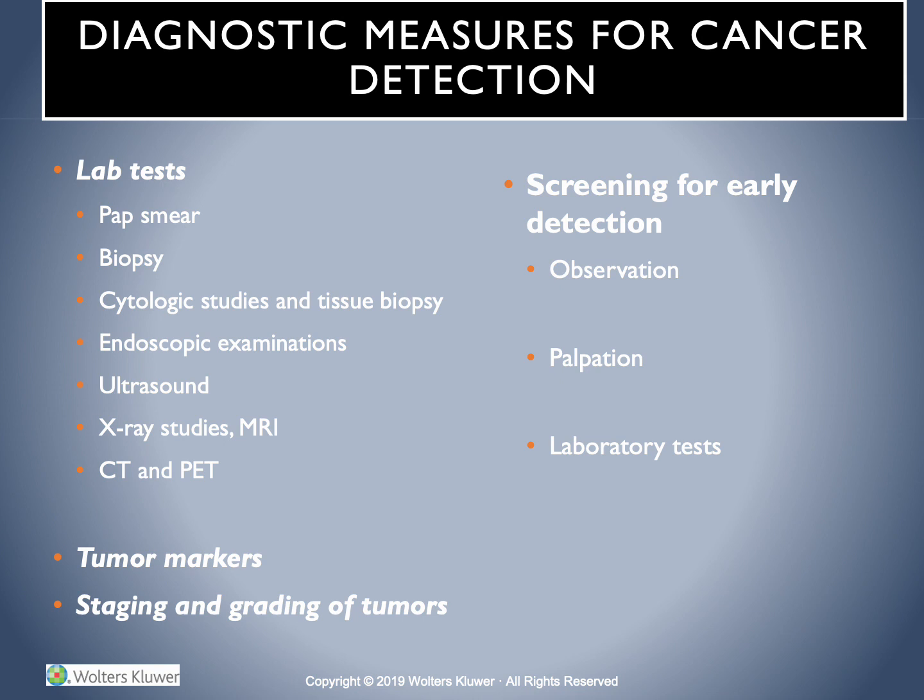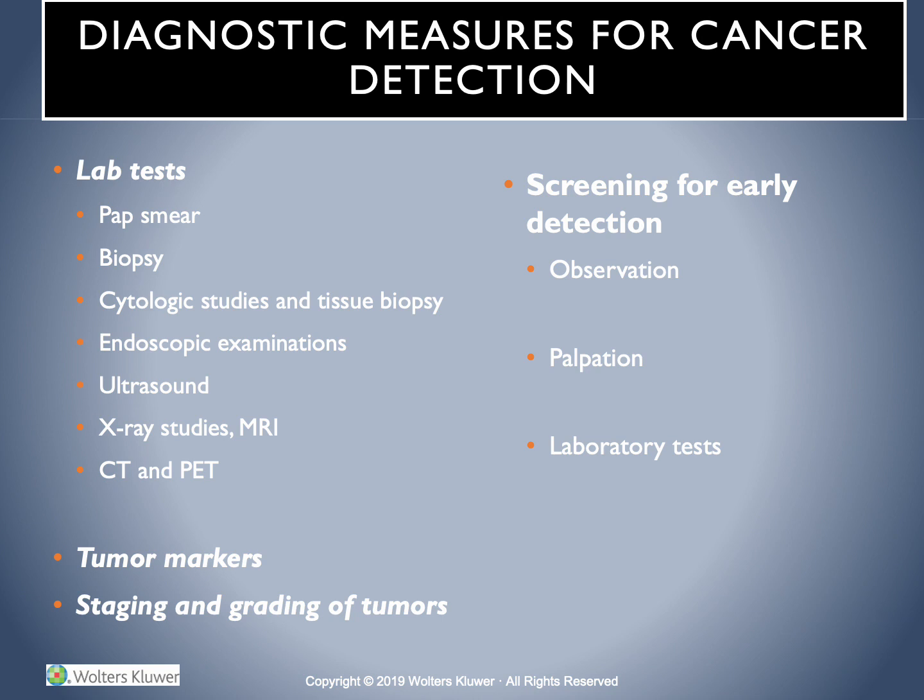These tests help to detect tumors, determine their size and location, and determine if the cancer has spread. Common imaging tests are X-rays, computed tomography or CT scans, magnetic resonance imaging or MRIs, positron emission tomography or PET scans, and even ultrasounds.